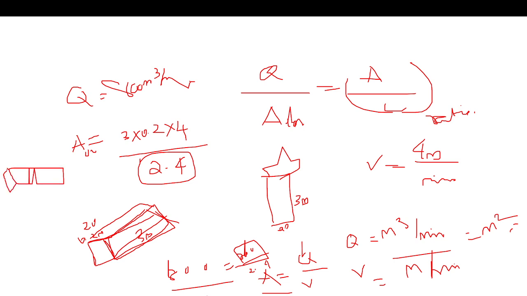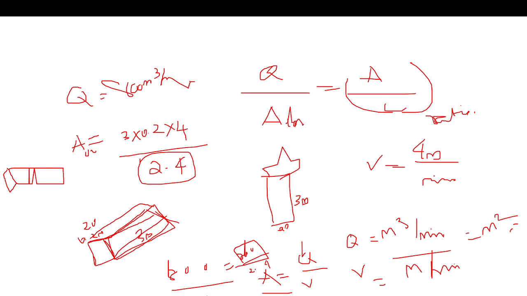Yeah, 4 sides. 200 by 3 into 4. 200 by 2.4. 83 bags. Is there any option here, like 95?